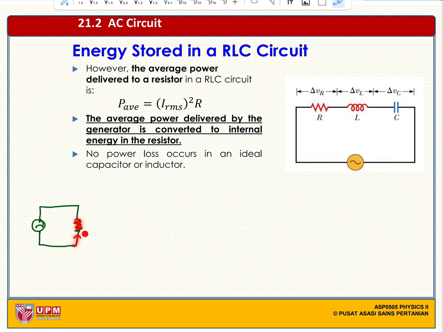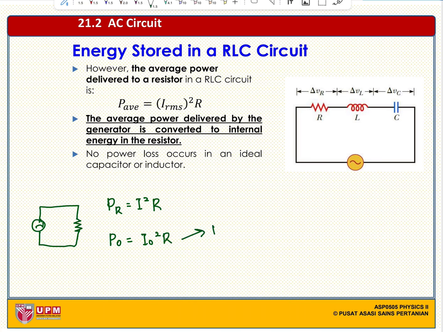Kalau dia datang daripada sini pun, dia akan langgar juga. And remember that your P for resistor is equal to I square R. So kalau current tu positif ke negatif ke, dia tetap akan ada power dissipated. So you will have your P maximum when current maximum darab dengan R across the resistor.